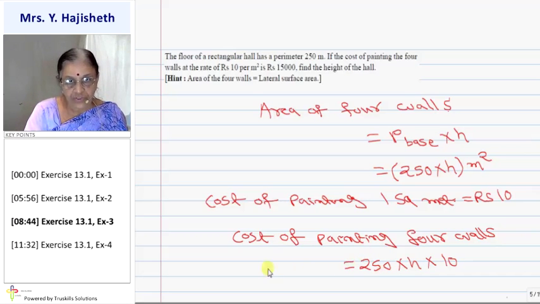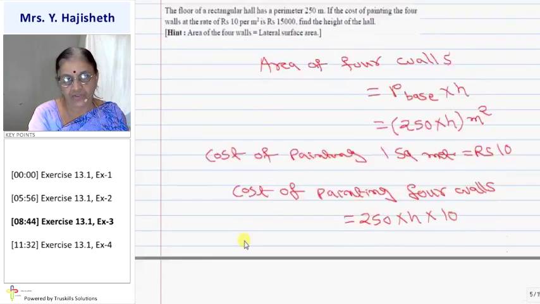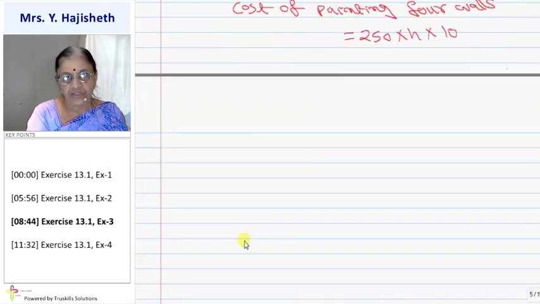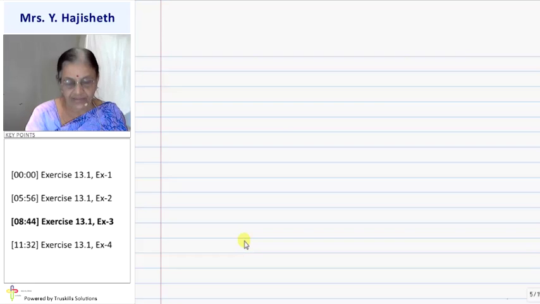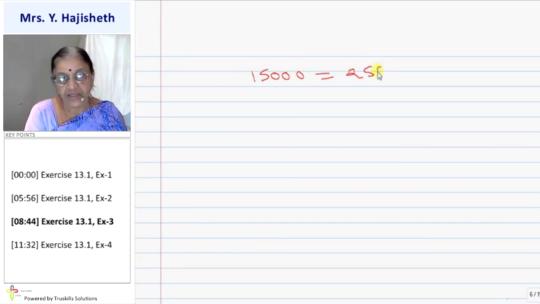But this total cost of painting is given as 15,000, okay? So this cost of painting should be equated with 15,000. So 15,000 is 250 into H into 10.